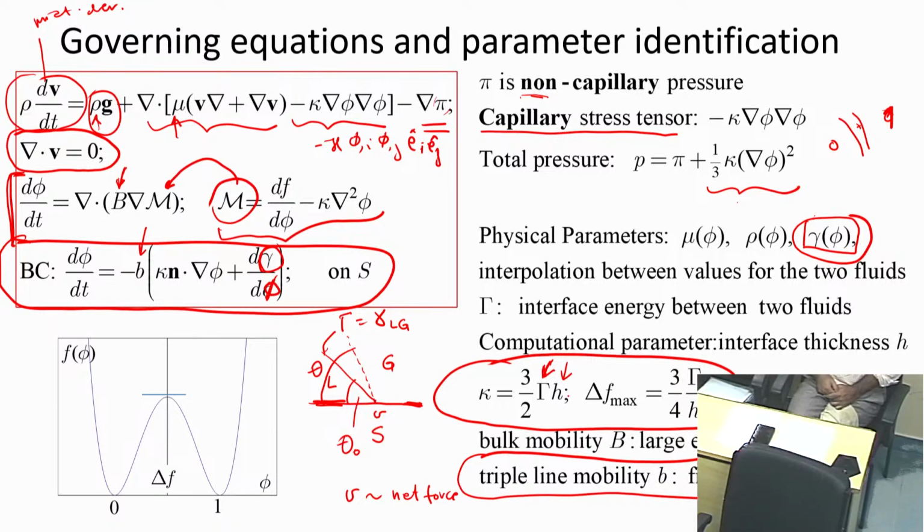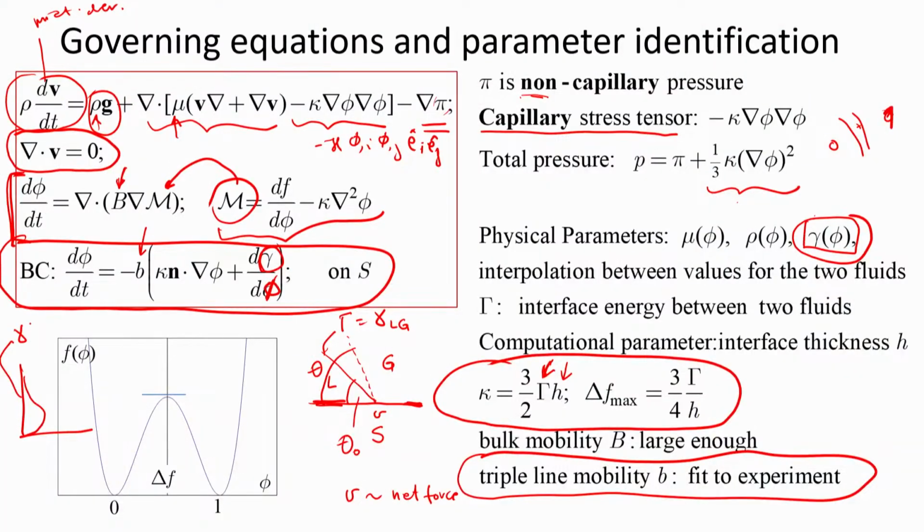It is the same math, but for this problem, where you have melting and climbing, you will have one function, let's call it gamma 1 of phi, and here you will have a different function, gamma 2 of phi.